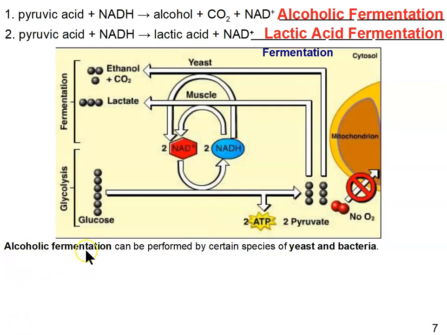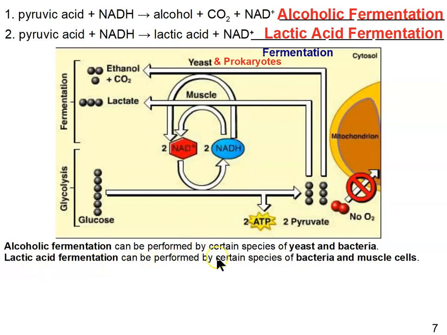So alcoholic fermentation can be performed by certain species of yeast and bacteria. So, back when we were studying prokaryotes, I tried to relate to you that prokaryotes are capable of just about every form of metabolism that there is. So yeast and bacteria, or prokaryotes, are able to carry out alcoholic fermentation. And lactic acid fermentation, you may be familiar with that.